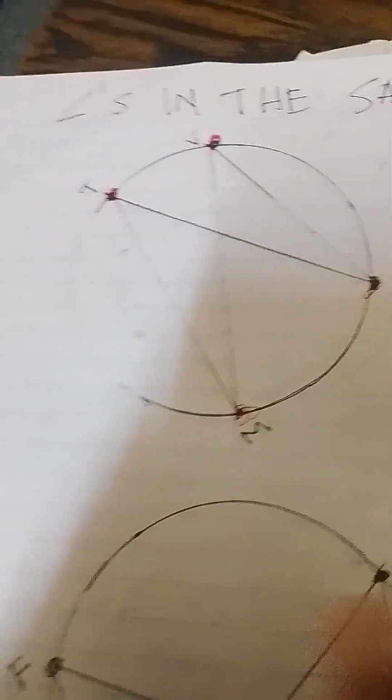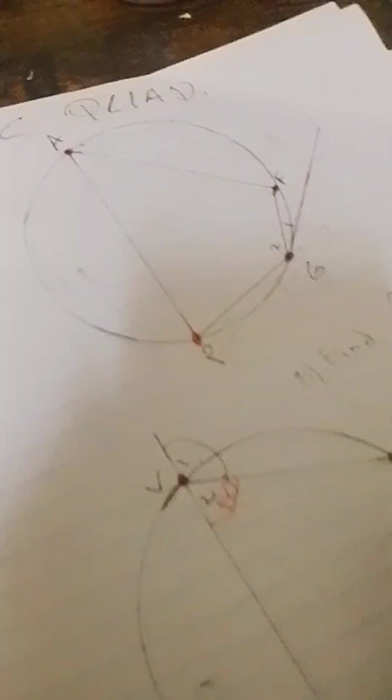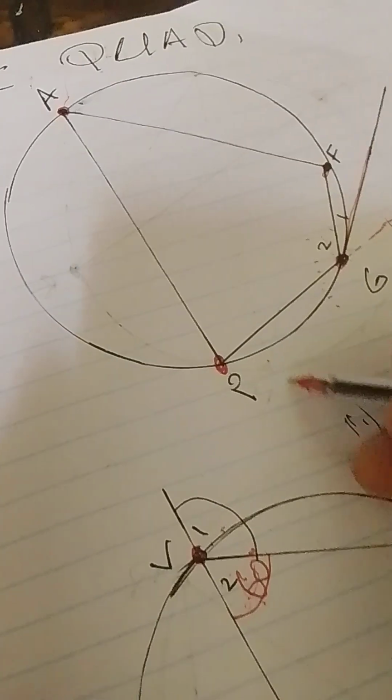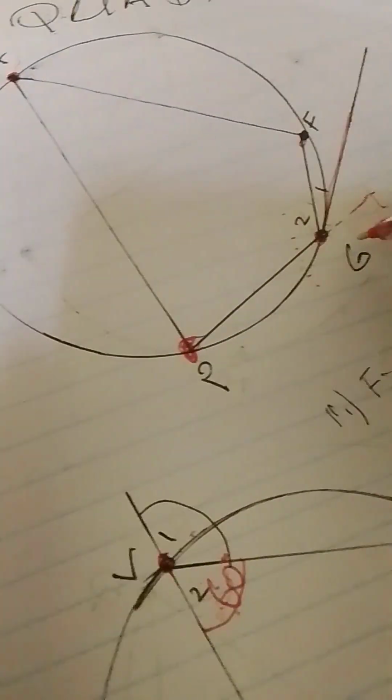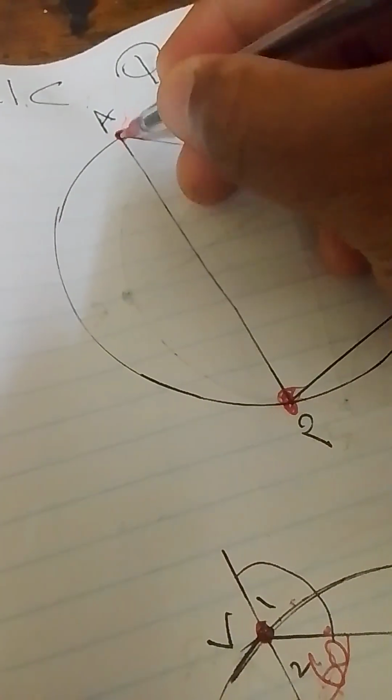So this is a cyclic quad, which is also similar to something like this. This one is also a cyclic quad because we have 1, 2, 3, 4. So you have four corners touching the circumference.